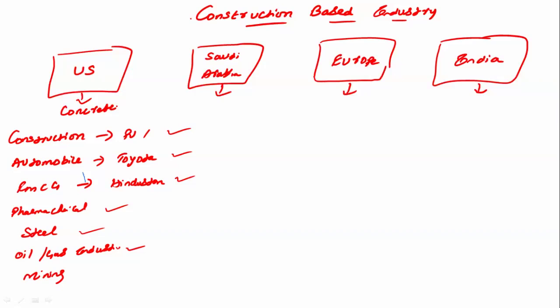In one plant, they are completely doing the concrete business. Take an example that in the US, they are doing the concrete business. In the second plant, they are completely into the wood section. If you want to build a house, you need concrete, you need wood.